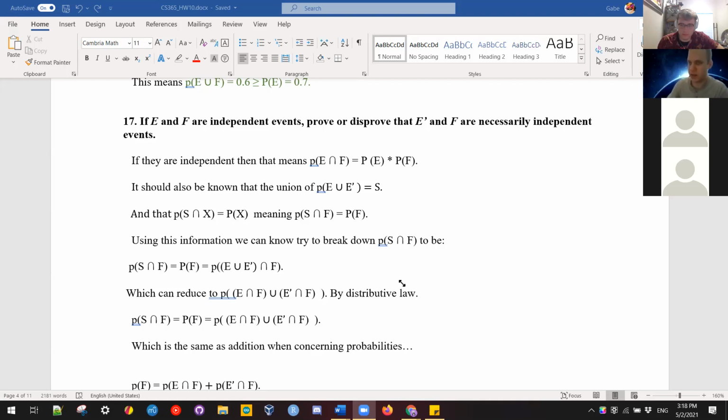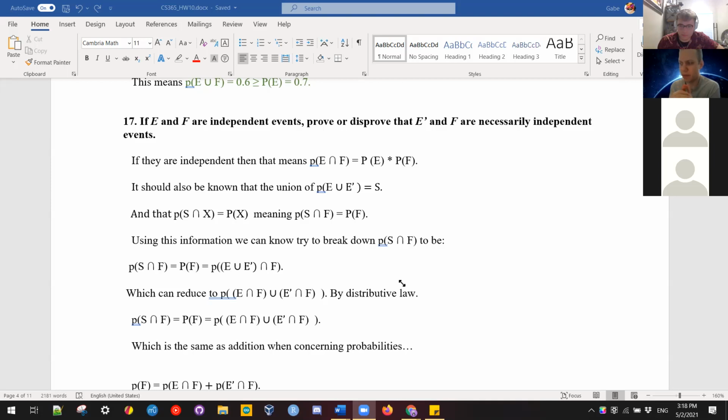So I started with their product, and then for not E, I substituted in 1 minus the probability of E, its complement. Then I did some distribution, and again using the definition of independence, given that they're independent, I can just combine them as that intersection.